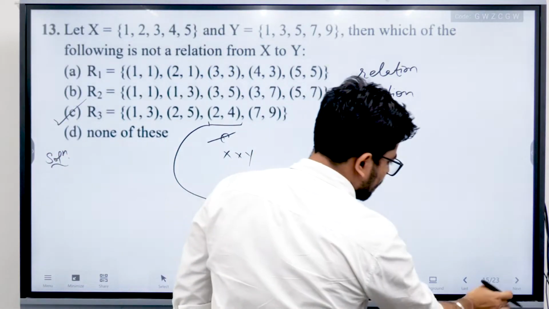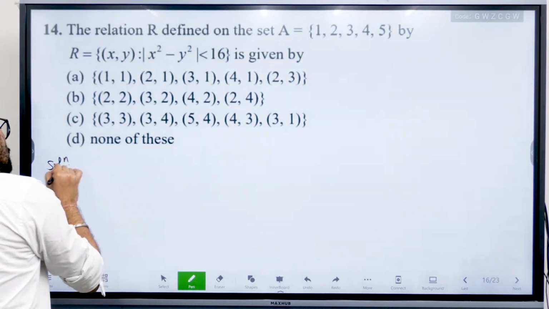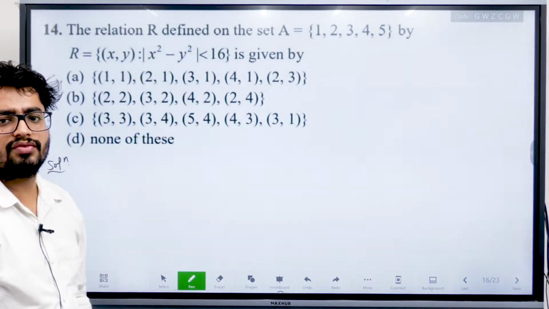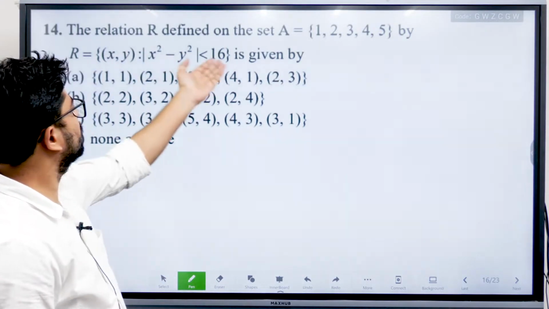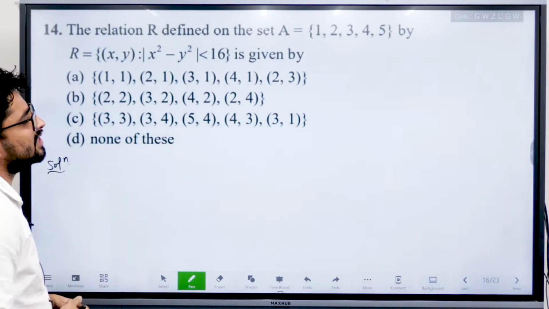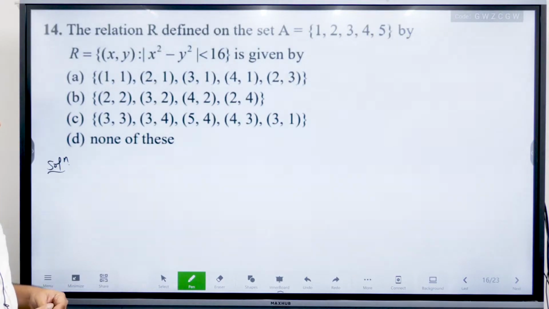Now the next: relation R is defined on the set {1, 2, 3, 4, 5} by the condition that |x² − y²| is less than 16.